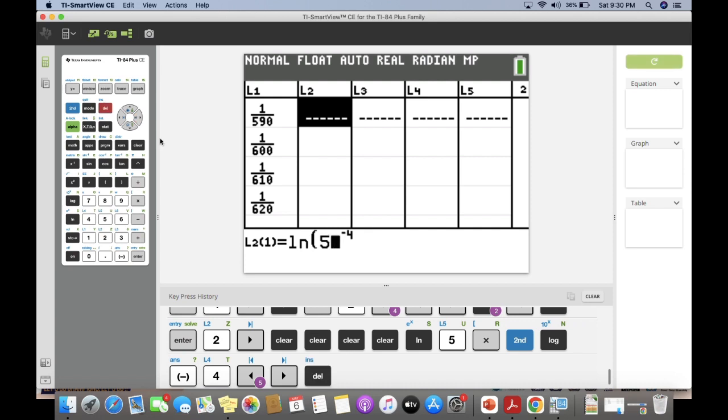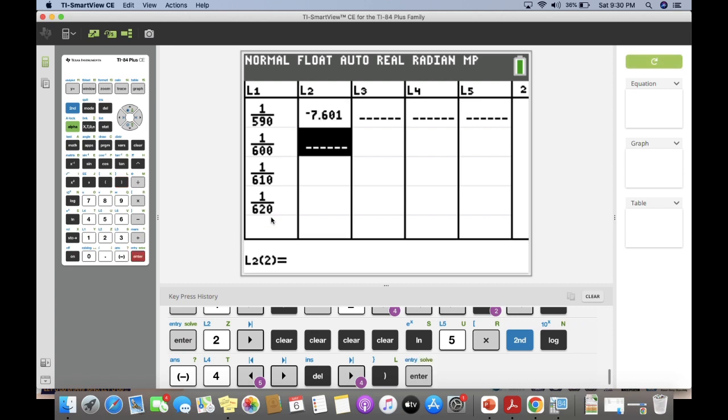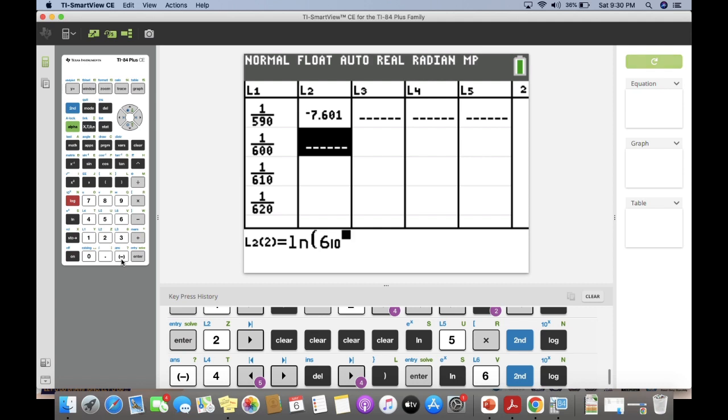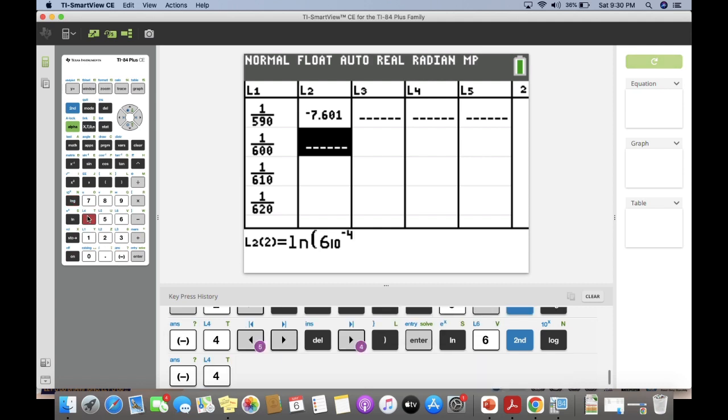But make sure to use the symbol negative 4, not the minus symbol, because that will be an error. Yeah, that's it. So again, ln of 6, and then times 10 to the power of negative 4.